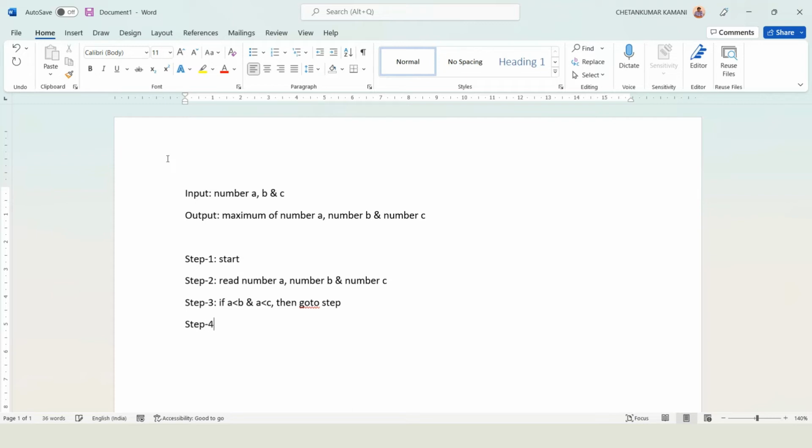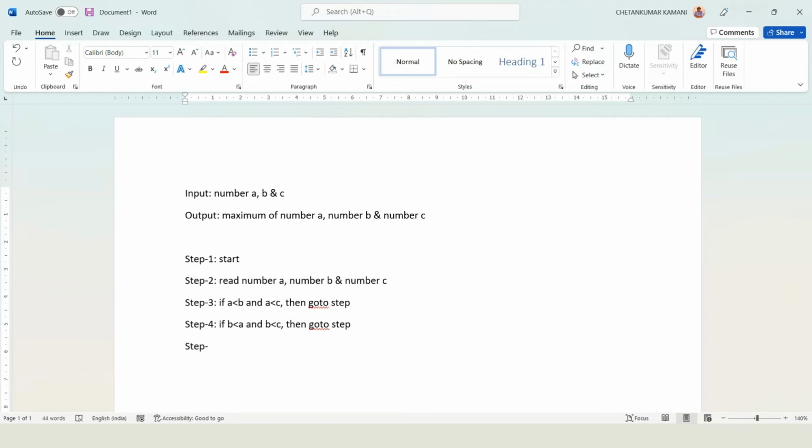Step 4: If B is less than A and B is less than C, definitely which number is minimum? B would be minimum, right? Go to step, which I don't know right now.